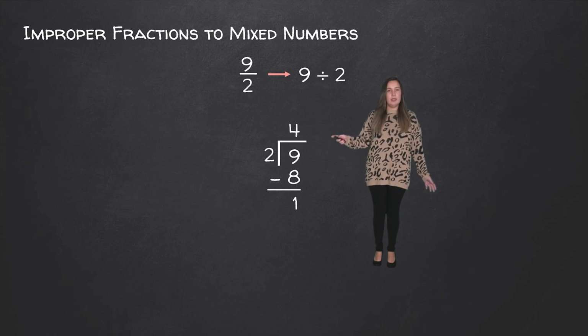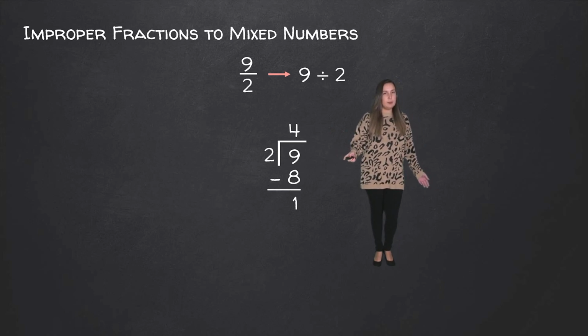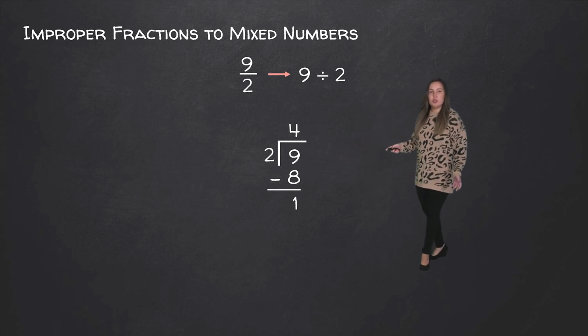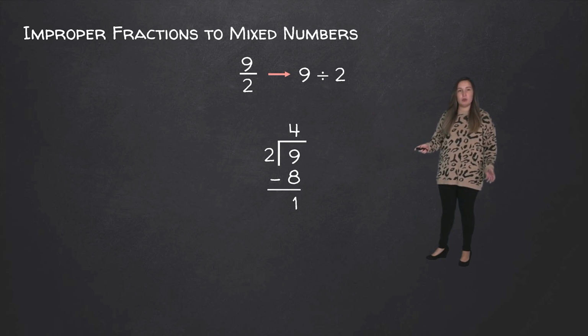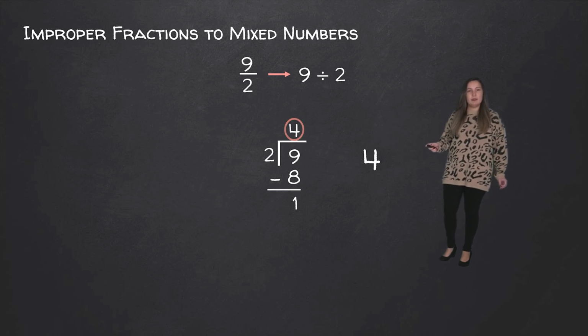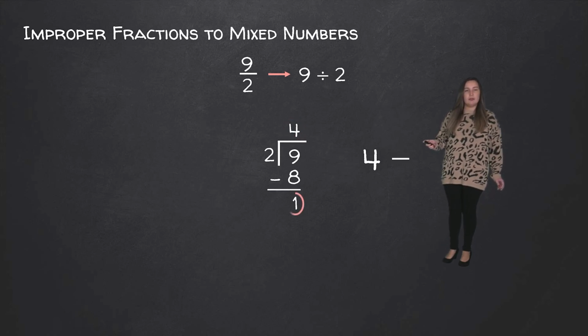So notice that we have a remainder of 1, but we're going to take what we have here and write out our mixed number. So we know that 2 goes into 9 4 whole times, which is why when we write our mixed number, 4 is going to be our whole number. Then we have a remainder of 1, and that's going to be our numerator because that's what's left over.